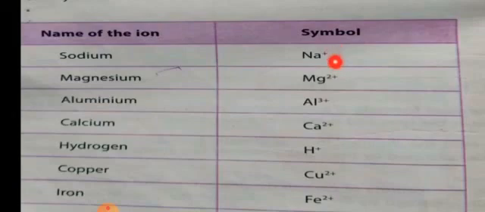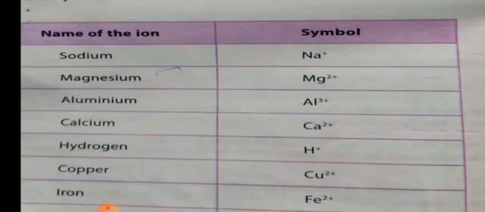Here. You can't write it here. Then magnesium, Mg is the symbol and 2 plus is the charge. It can lose 1 electron, it can lose 2 electron, it can lose 3 electron, 3 plus, aluminium 3 plus. Again calcium 2 plus, it can lose 2 electron. Hydrogen, it can lose 1 electron.